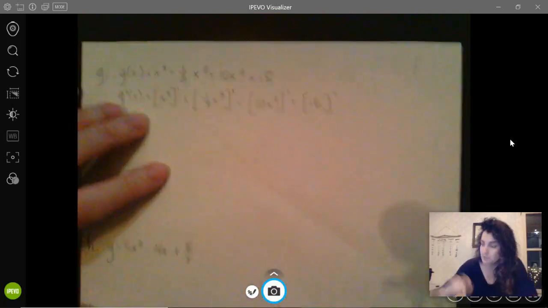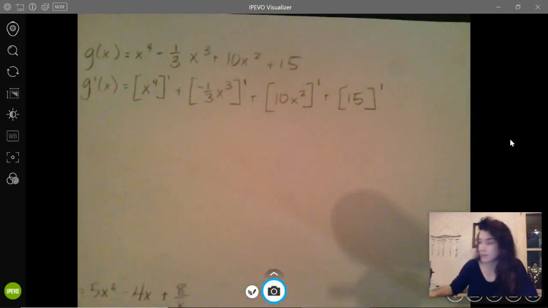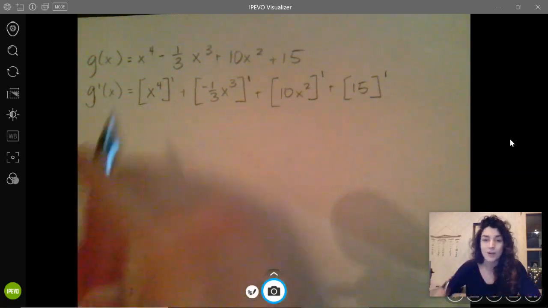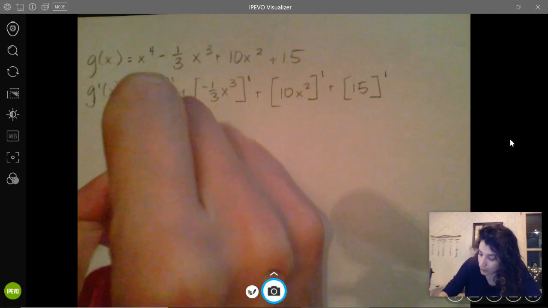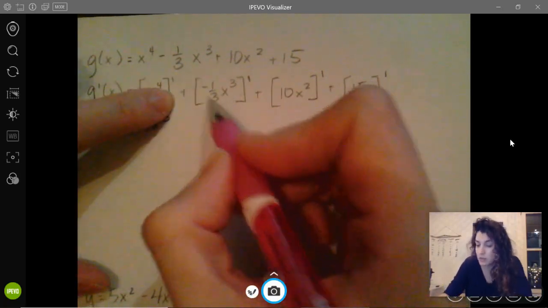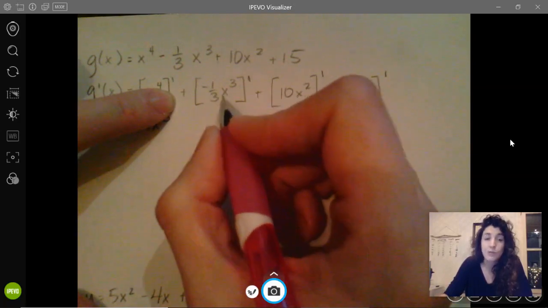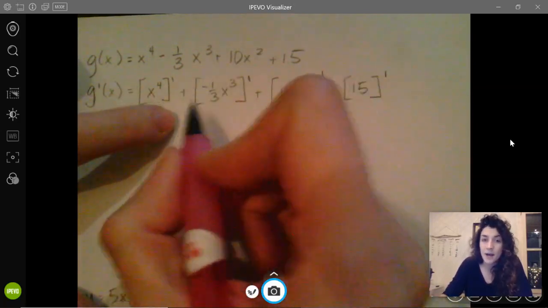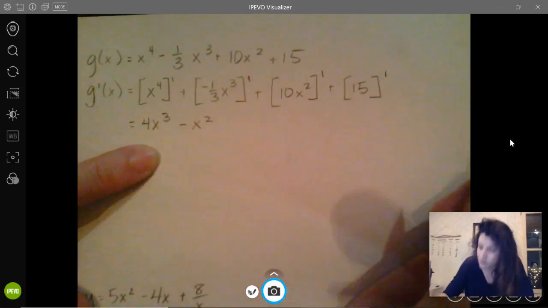So practicing it, notice we just did these derivatives up above. It's all coming together, full circle. The derivative of x to the 4th is 4x cubed. The derivative of negative 1/3 x cubed is negative x squared. So I'm going to do minus x squared.